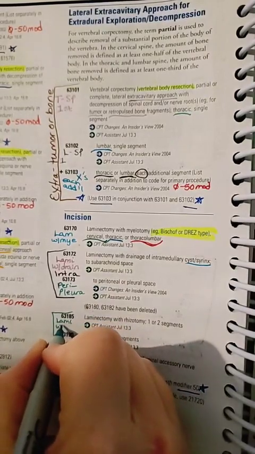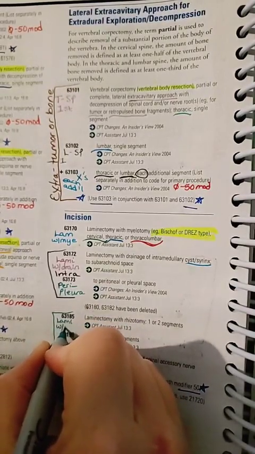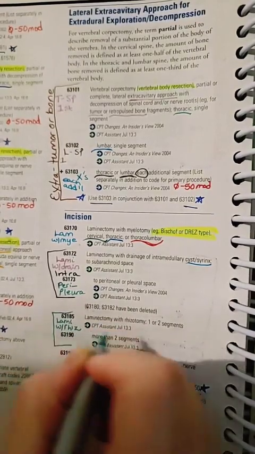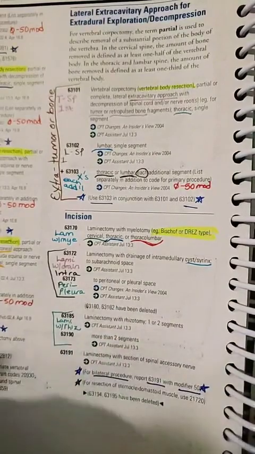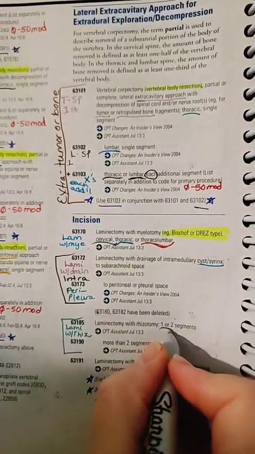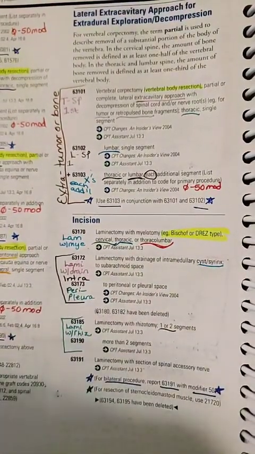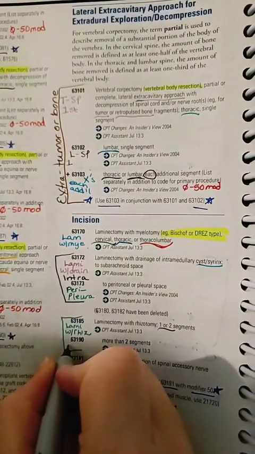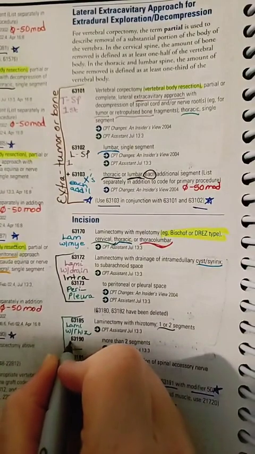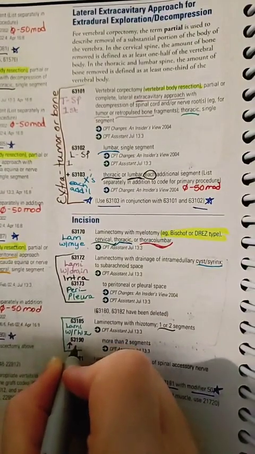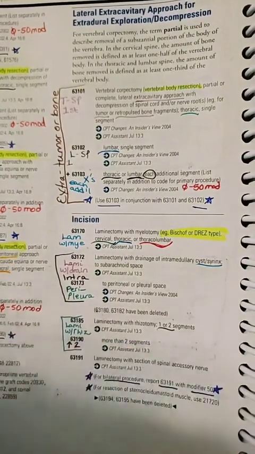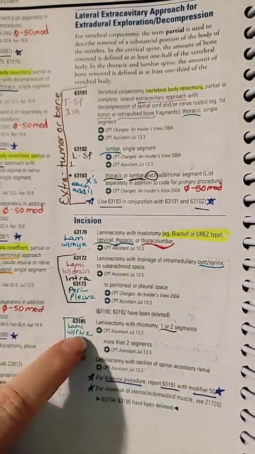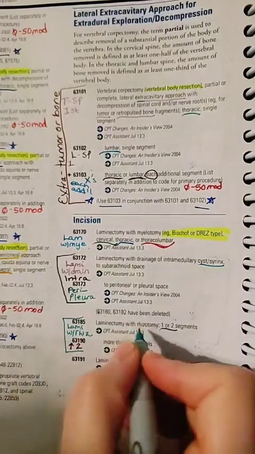Lami with rhizotomy. This is greater than 2. It's supposed to be an RHIZ. That's all I'm trying to spell right there.